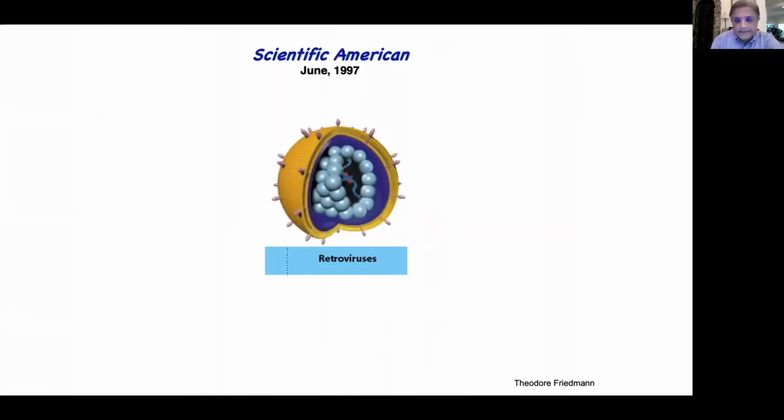So again, this is a picture taken from a review article written by Dr. Theodore Friedmann, published in Scientific American in June 1997. This is what a retrovirus particle looks like if you break it open. And this is the first virus that was used to deliver genes into humans.